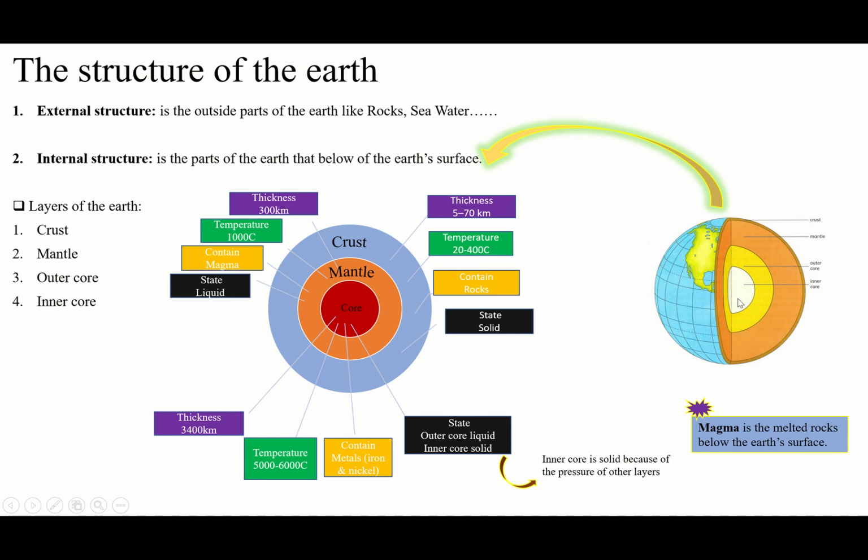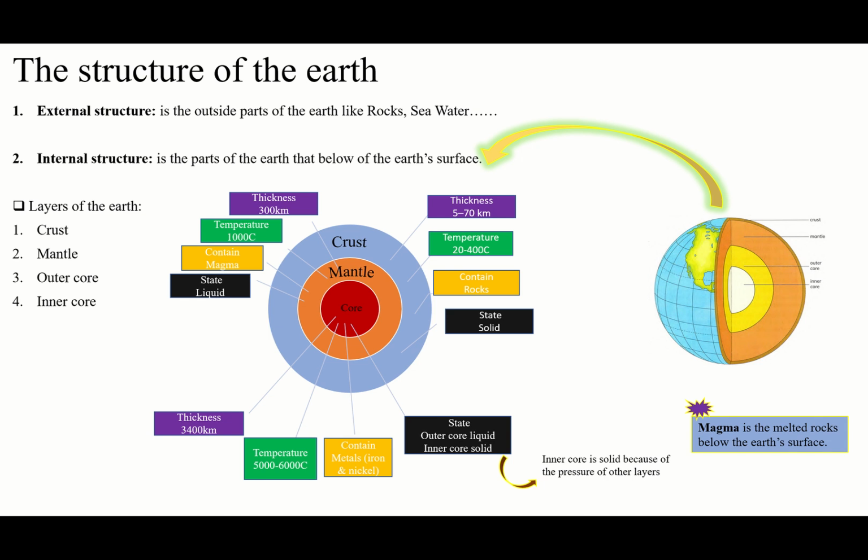These layers are putting pressure on the inner core. Because of this pressure, it got solid. They are forcing it. That's why this layer is solid. Otherwise, according to the temperature, it must be liquid. But because of the pressure, it got solid.